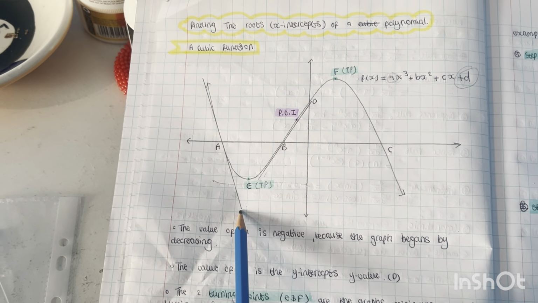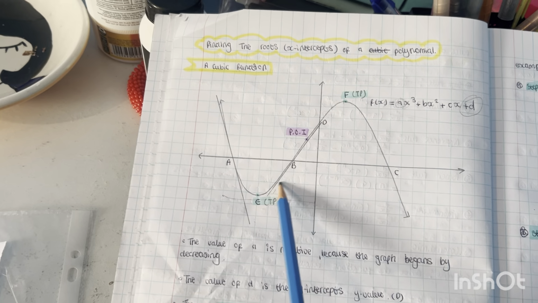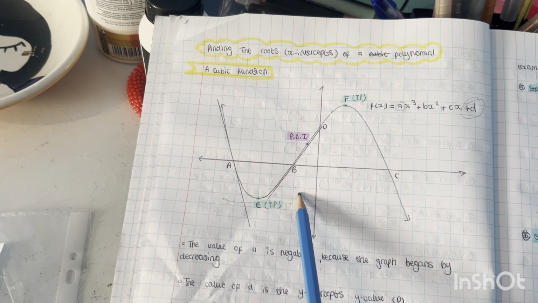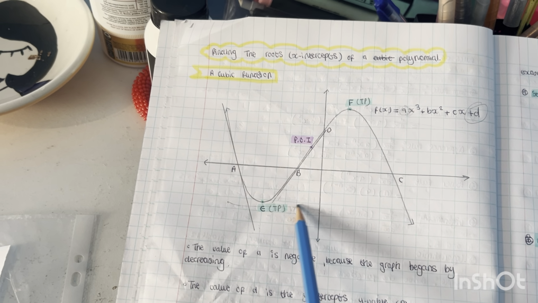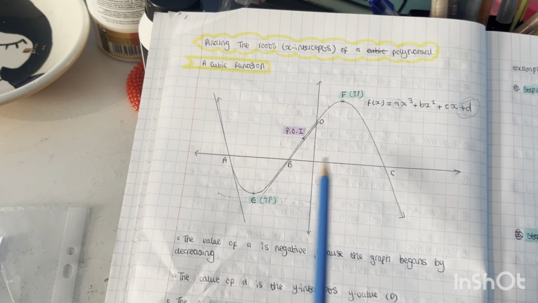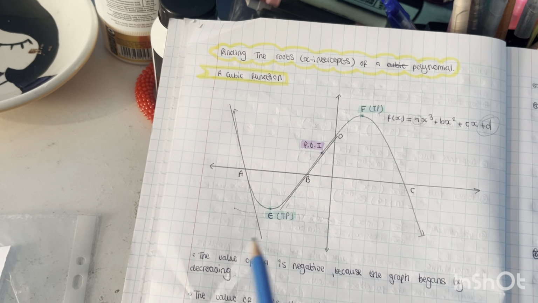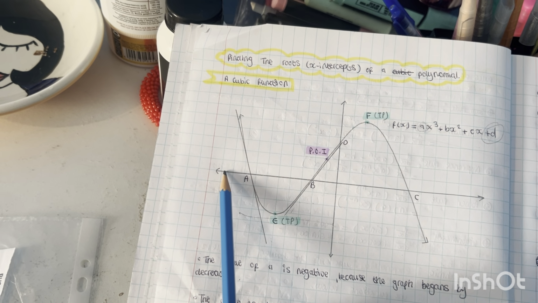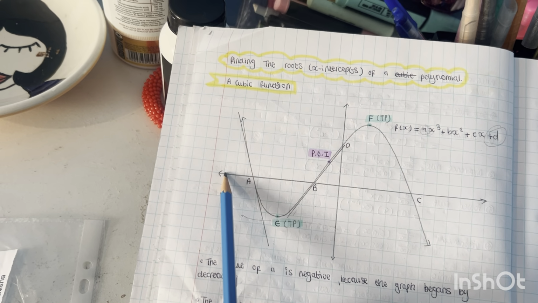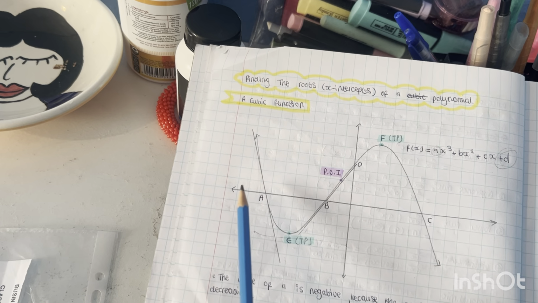As x increases, y increases. So we have a positive relationship between them right now. So our gradient, the relationship between your y and your x, is positive. Now come here and we see if x is increasing, what's happening to y? When x increases, from here to here, y decreases.